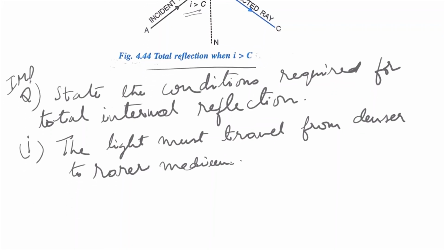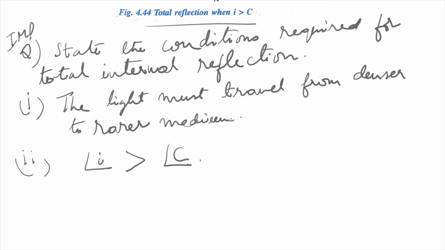Another condition is the angle of incidence must be greater than the critical angle for the pair of media. That is, angle I must be greater than angle C, where it means what?